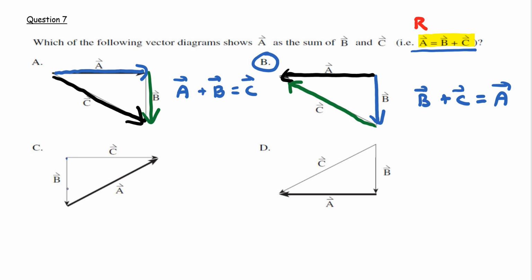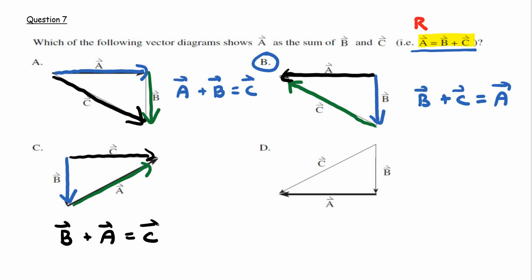So for option C, the blue arrow is going down, and then it looks like we're adding the A vector there, and our resultant vector is actually C. Okay, so for option C, it's really vector B plus vector A gives you vector C. Okay, and let's move on to letter D here.